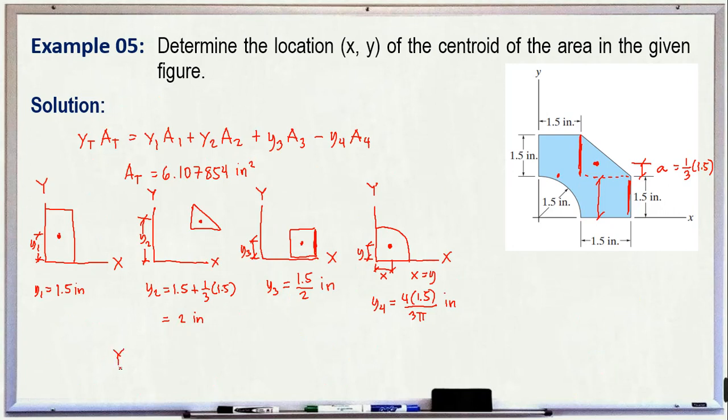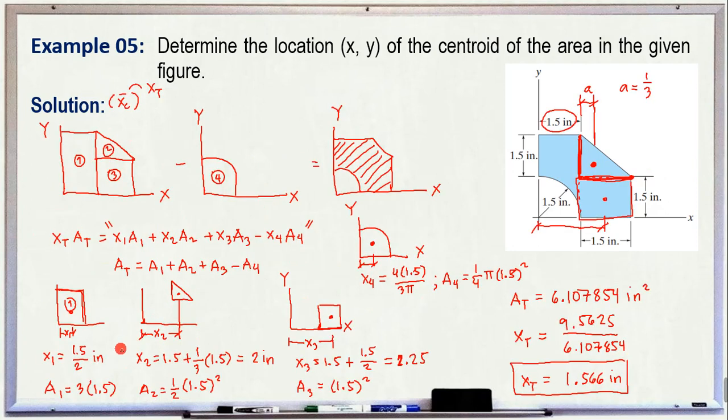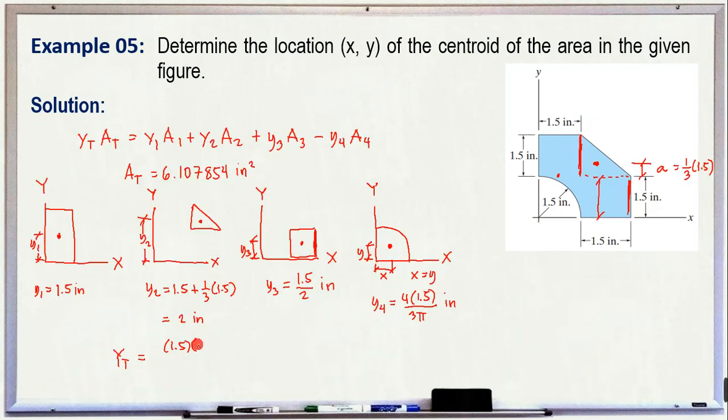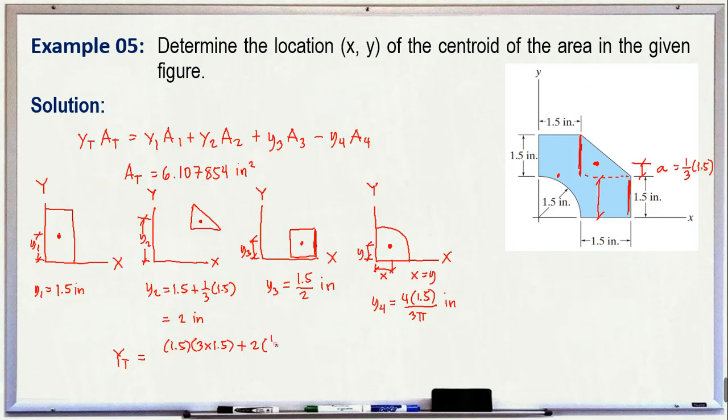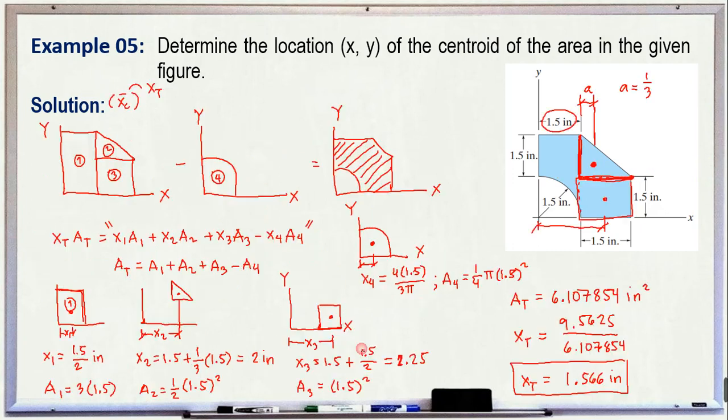So we have y sub t equals y1 is 1.5, our area 1 is 3 times 1.5, then plus y sub 2 is 2 inches times our area 2 is 1 half times 1.5 square, plus y sub 3 is 1.5 divided by 2 multiplied by 1.5 square.